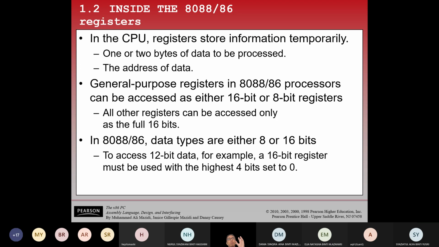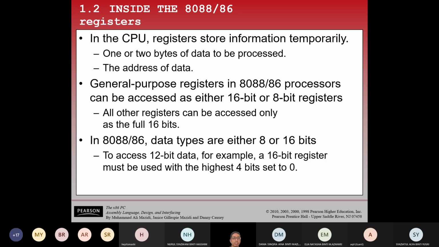In memory you can store information for a long time, but in registers, because there is a limited amount of registers inside the CPU, it is used to store information temporarily. It holds 1 or 2 bytes of data to be processed, and then we have the address of the data.